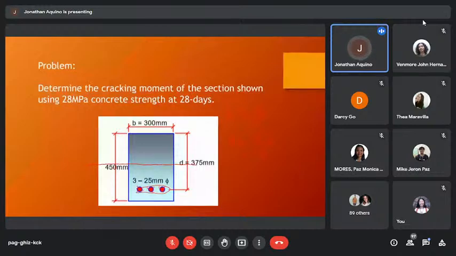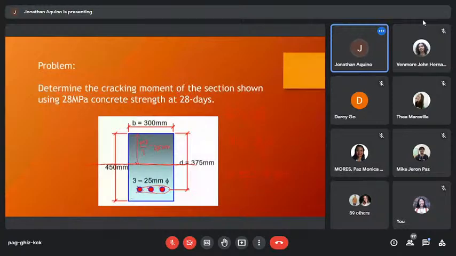So yung centroid natin is equal to 450 over 2. It's just simply equal to 225 millimeter. Okay? So the centroidal moment of inertia, INA, so just simply IG is equal to BH cubed over 12. So in this case, B is 300 times H, the total height of the beam, is equal to 450 cubed divided by 12.